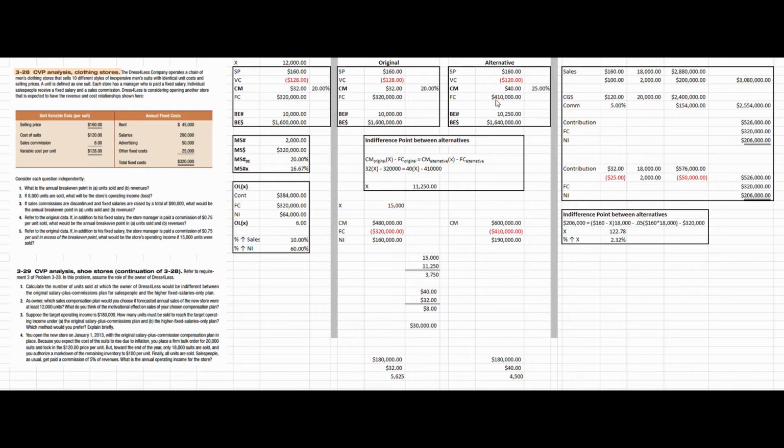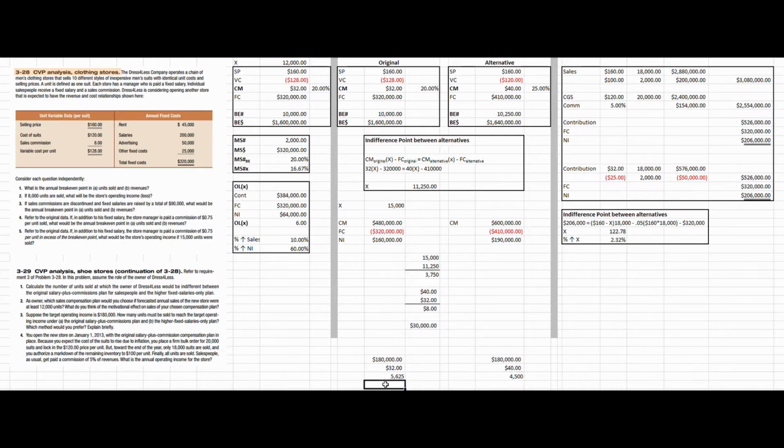Now, is there another way that we could have logically come to that conclusion? Well, we know that this alternative is superior to this alternative at a volume in excess of our indifference point. If we're talking about generating some level of profit here, that requires volume to be above that, which it would, then we know it's going to take fewer units under this option than it's going to take under this option. In other words, at our higher level of volume, what are we talking about here?